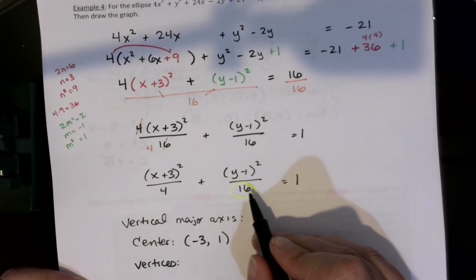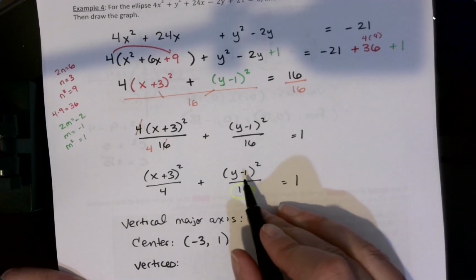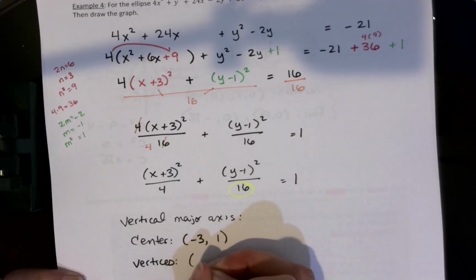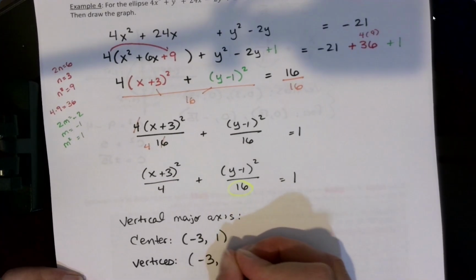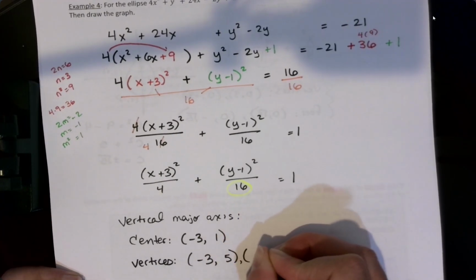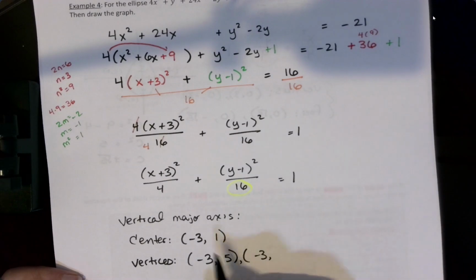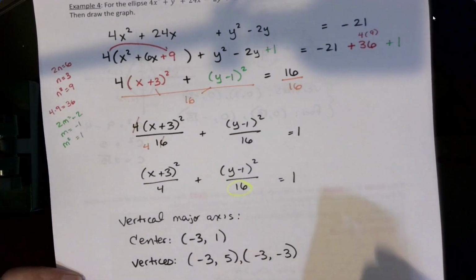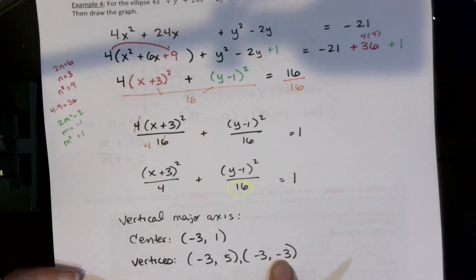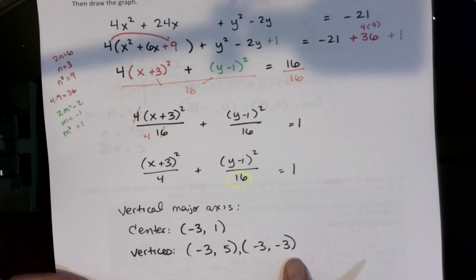I'm going to need to move 4 up and down in the y direction. So -3, 1 plus 4, that's 5. And -3, 1 minus 4, which would put me at -3. So I'm going to go up 4, I'm going to go down 4 to get those two vertices.